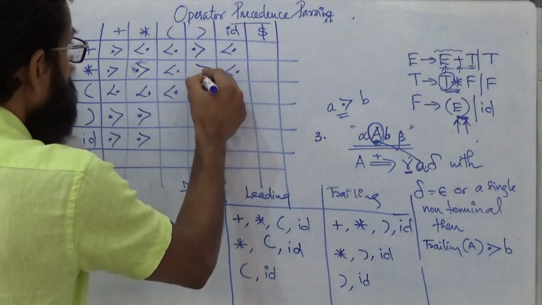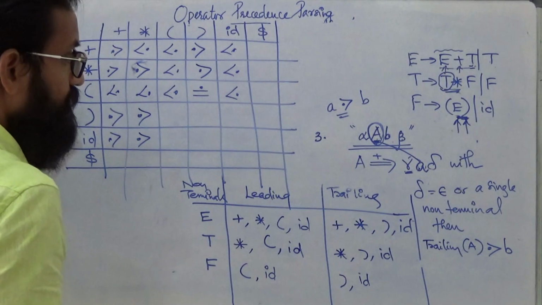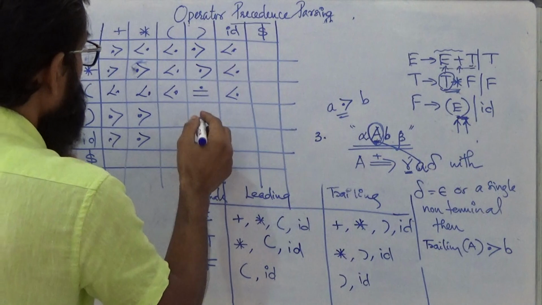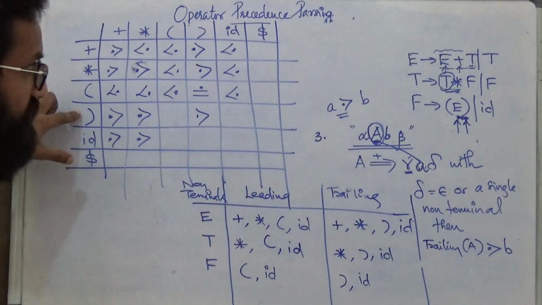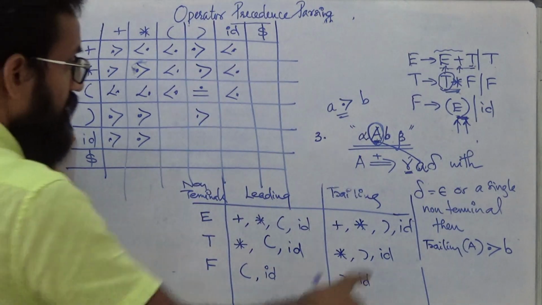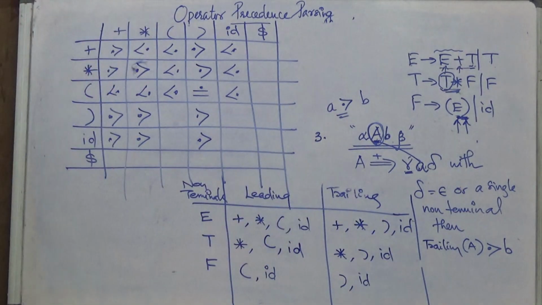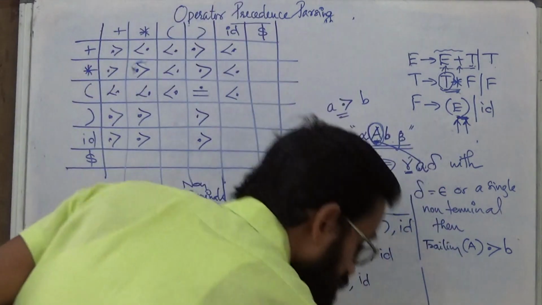Star is having greater precedence as compared to closing parenthesis. Then closing parenthesis is having greater precedence as compared to closing parenthesis. You are having ID in trailing, so ID is having greater precedence as compared to closing parenthesis. So third step is over.